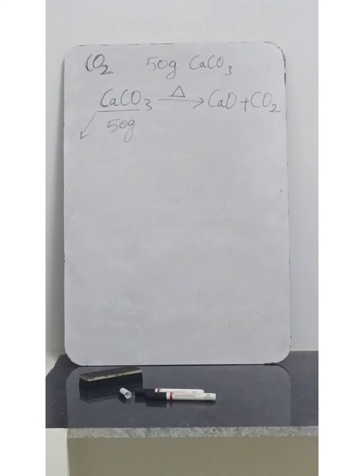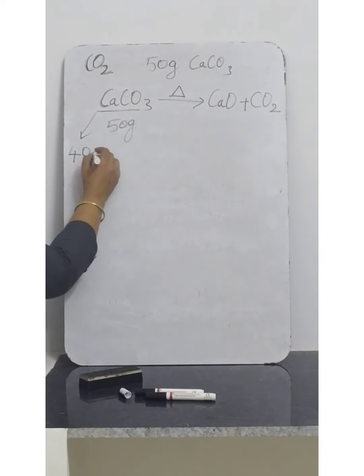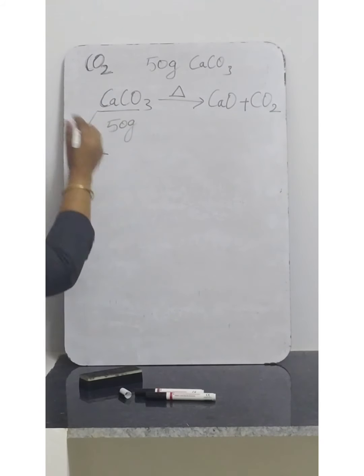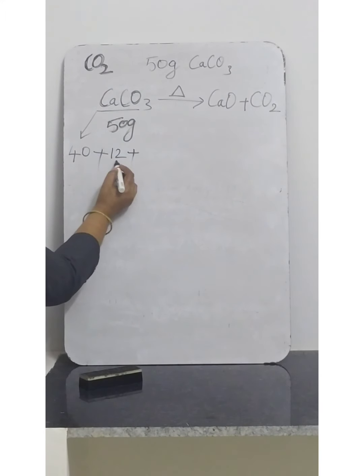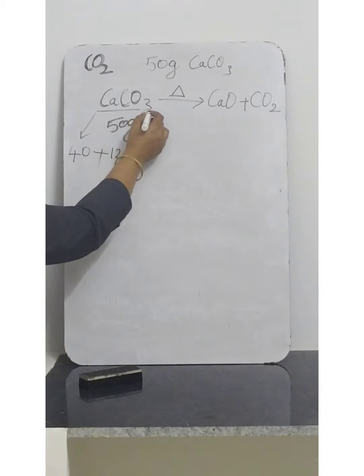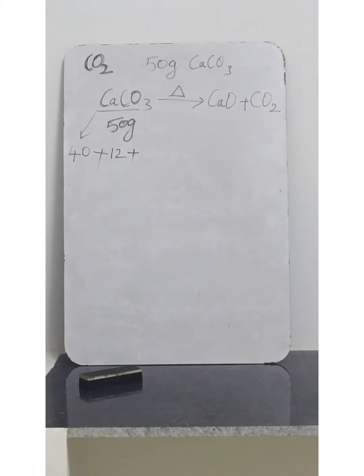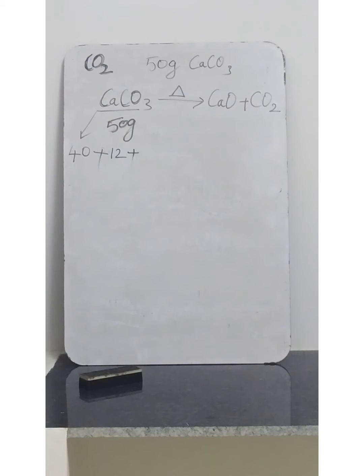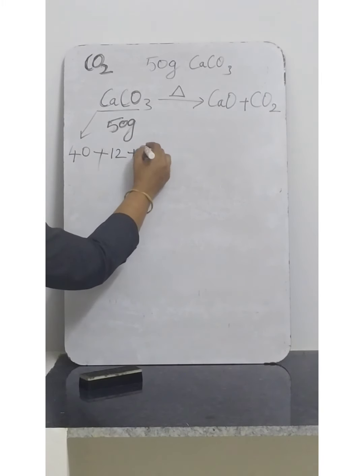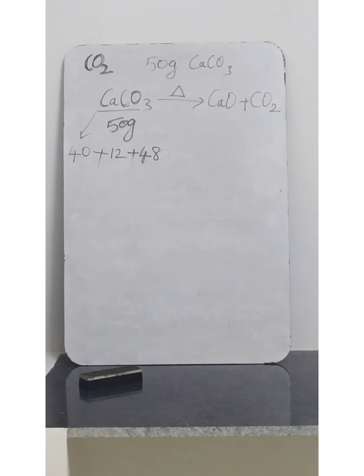So the atomic mass of calcium is 40, plus carbon, atomic mass 12, plus. Totally how many oxygen atoms are present in calcium carbonate? 3 oxygen atoms. 3 into 16, which will be equal to 48. So if we add this, the answer we are getting is 100.